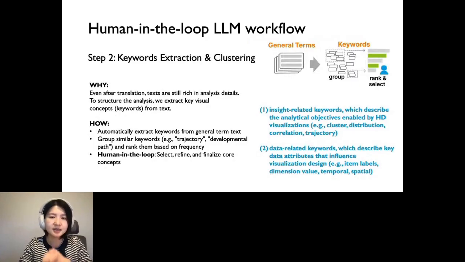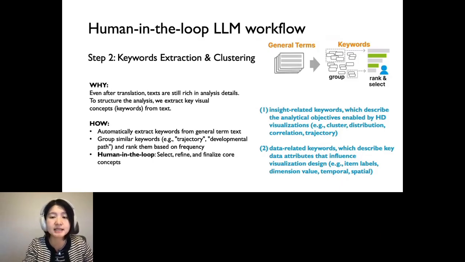Secondly, we extract specific visualization-related concepts by analyzing those general terms, think of them as keywords about how high-dimensional visualizations are being used. Again, why do we want this subtask? That's because even after translation, the texts are still rich in analysis details.